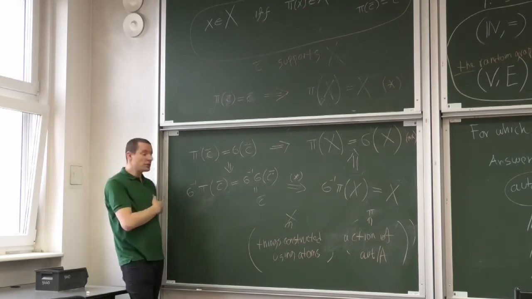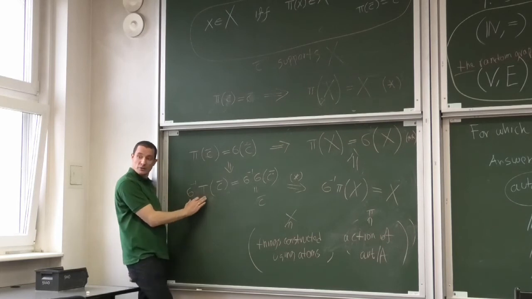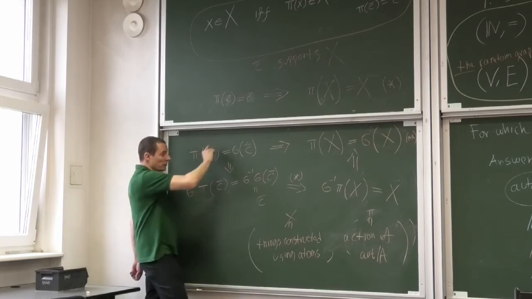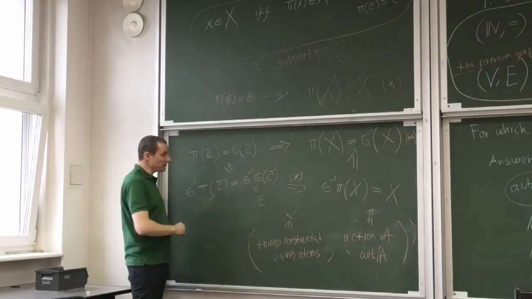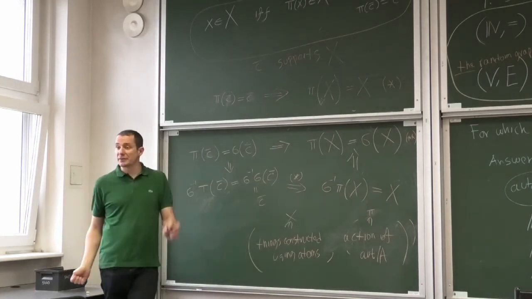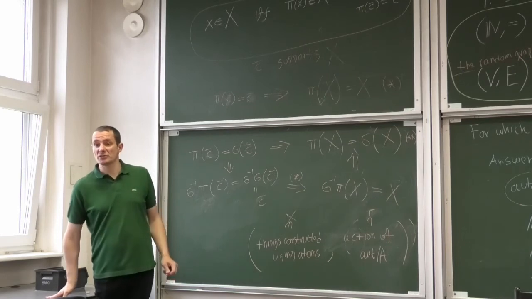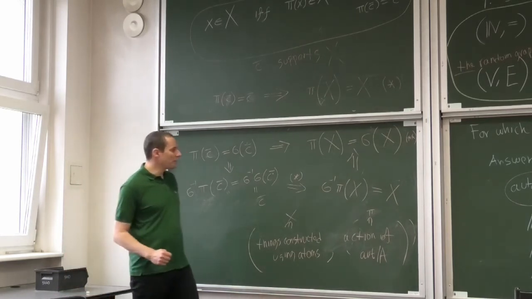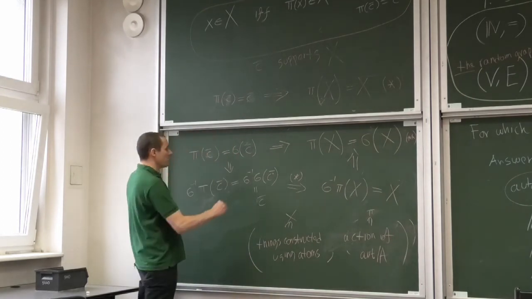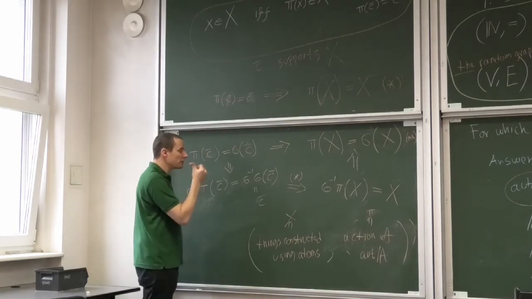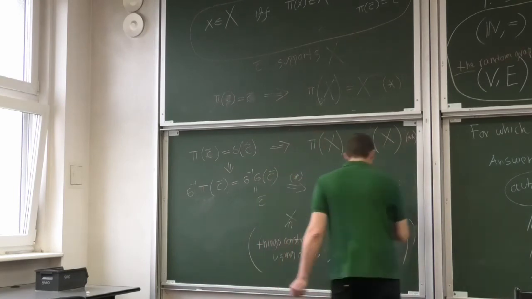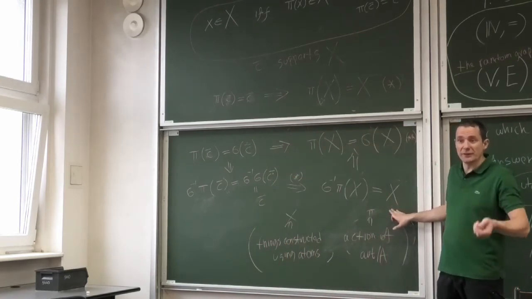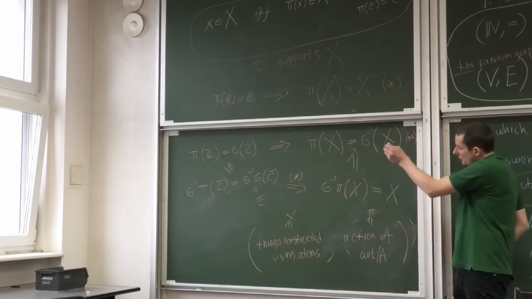The other: I first compose these things and then I apply it. Here I actually use both perspectives, so it's important that it doesn't matter. That's what being an action means. And then the other thing is that the identity does not do anything, it doesn't move things. And then all that works.